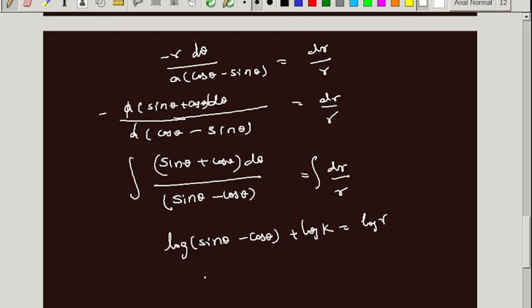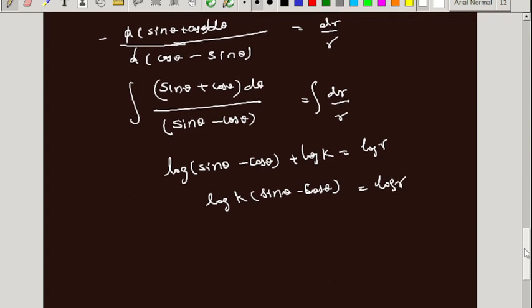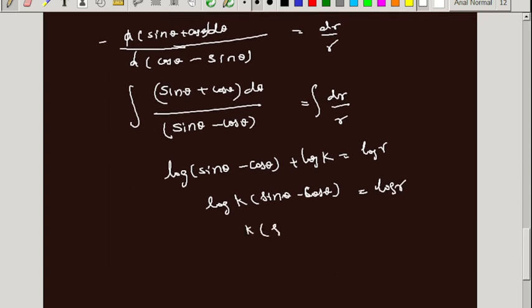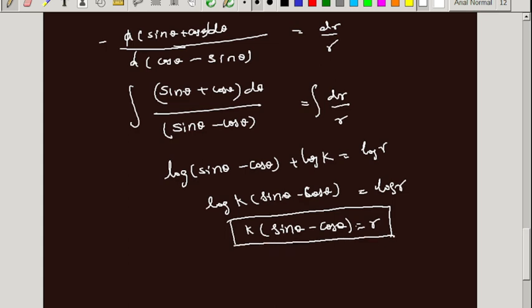We can write log k into sin theta minus cos theta equal to log r. This is nothing but k into sin theta minus cos theta equal to r. Instead of k we can write b. So we are getting the orthogonal trajectory, the OT of r equal to a into sin theta plus cos theta.